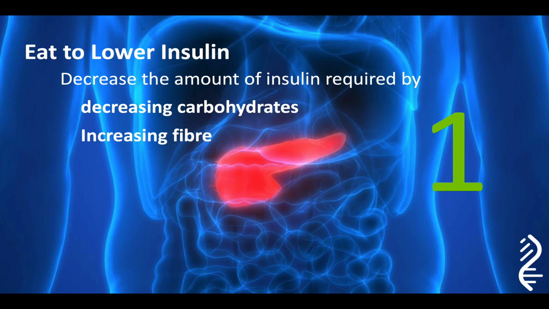Lowering insulin will first help us get the blood sugars under control. But second, as the insulin levels lower, we'll have the opportunity to start to burn fat. And as long as insulin levels stay high, we can't burn the fat.